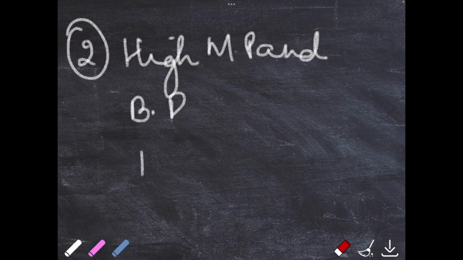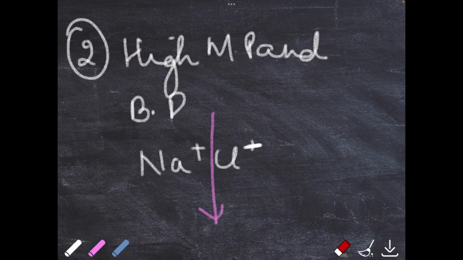The reason is, supposing we have Na plus and Cl minus, it's very difficult to break this force of attraction and segregate the ions so that it can melt. So they have very high melting point, and in case they are liquids, they have a very high boiling point.